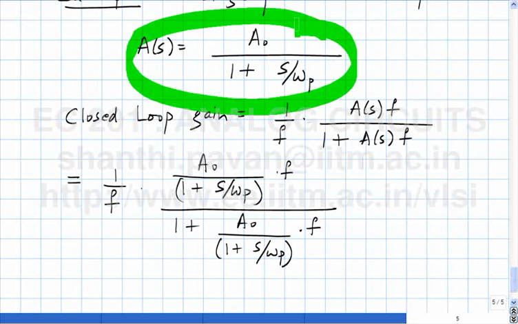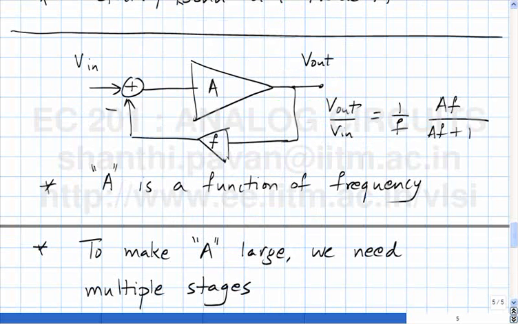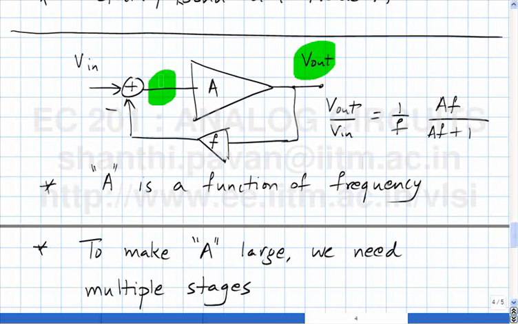And as frequency becomes extremely large, the gain of the forward amplifier tends to 0. Eventually, as omega tends to infinity, the gain of the forward amplifier tends to 0, which means that the closed loop gain will eventually tend to 0. The output voltage is nothing but an amplified version of whatever is coming in at the input of the forward amplifier.